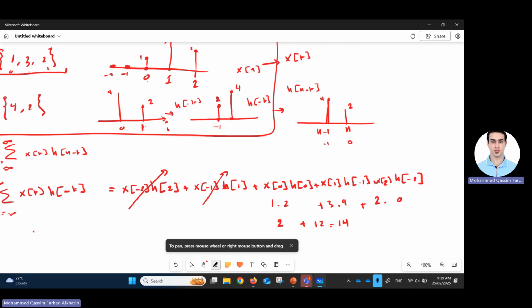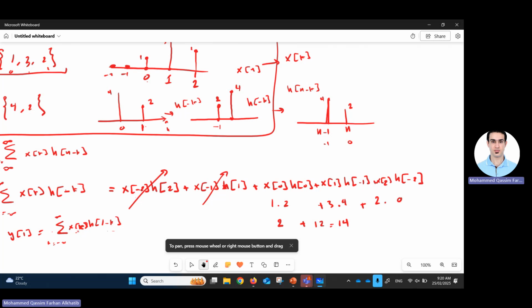All right, now you want to find y of 1. Same process. Try, and then you have this convolution sum. Now, in this case, it's going to be summation of what? k equal -infinity to infinity, x of k, h of 1 minus k. Then substitute for different values of k. So we know that x will have values only at 0, 1, 2, right? So I can start with 0, 1, 2.